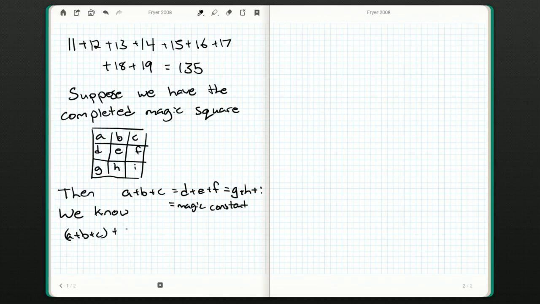Now we know that if we were to add each of these up, we're using each number exactly once. So that's the sum of the numbers in our 3x3 grid. Well, that's 11 up to 19, and we know what that sum is. We just figured that out. That's 135.